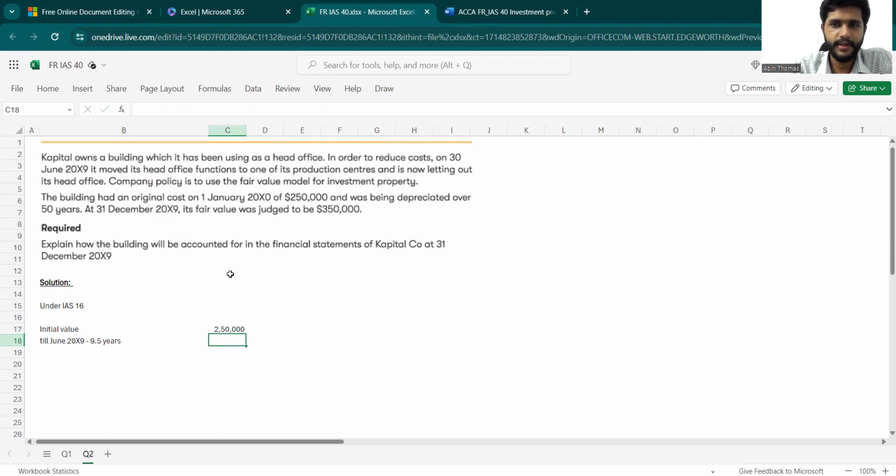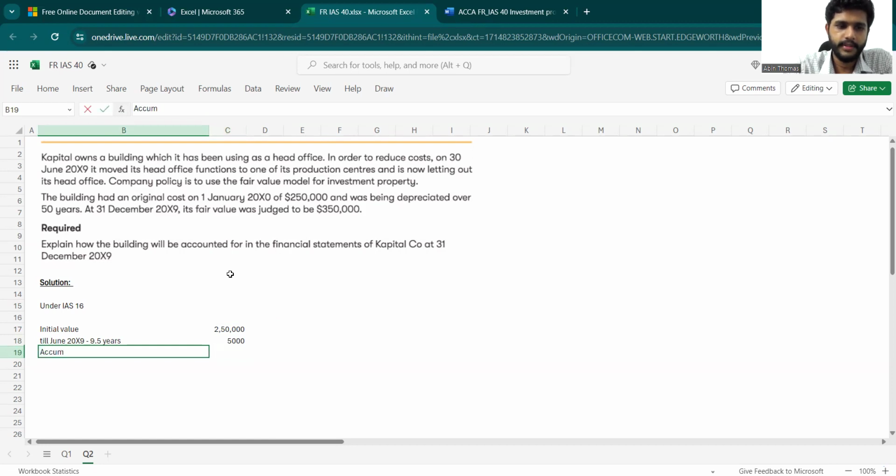Am I right? Yes. So first we calculate the annual depreciation, then the accumulated depreciation. The annual depreciation will be 250,000 divided by the useful life of 50 years, which gives 5,000.